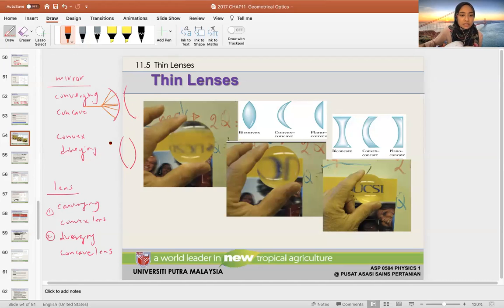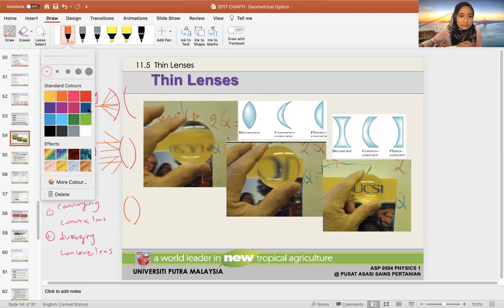Whereas for a diverging mirror, when the light hits, because of its shape, the light goes like that. Because of the shape, it diverges or converges. So if it caves in, it will converge. For lenses, if converging, it looks like this.